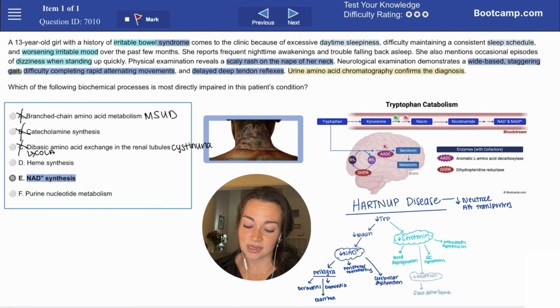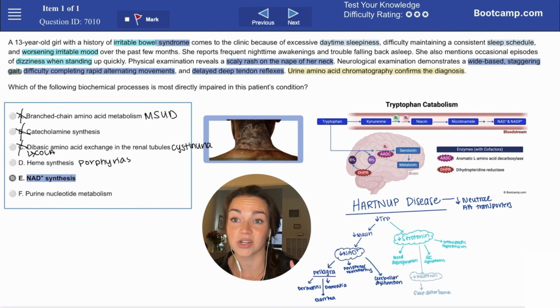Answer choice D, heme synthesis, is representing the class of disorders called porphyrias, which we talk about towards the end of the biochemistry unit. The porphyrias are defects in heme synthesis, and different porphyrias can cause different combinations of photosensitivity and abdominal pain and neurological and psychiatric symptoms. So there are two major porphyrias. One of them is acute intermittent porphyria, and this can have some overlapping symptoms like peripheral neuropathy, abdominal pain, and autonomic dysfunction.